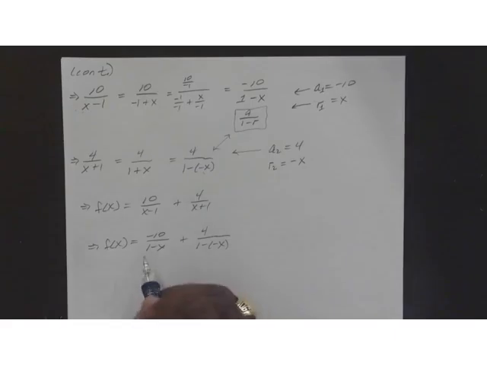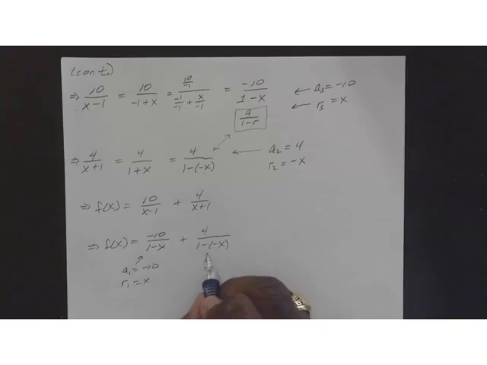Okay, so we can see for this one, a number 1 is equal to negative 10, and r number 1 is equal to x. And for this one, a number 2 is equal to 4, r number 2 is equal to negative x.